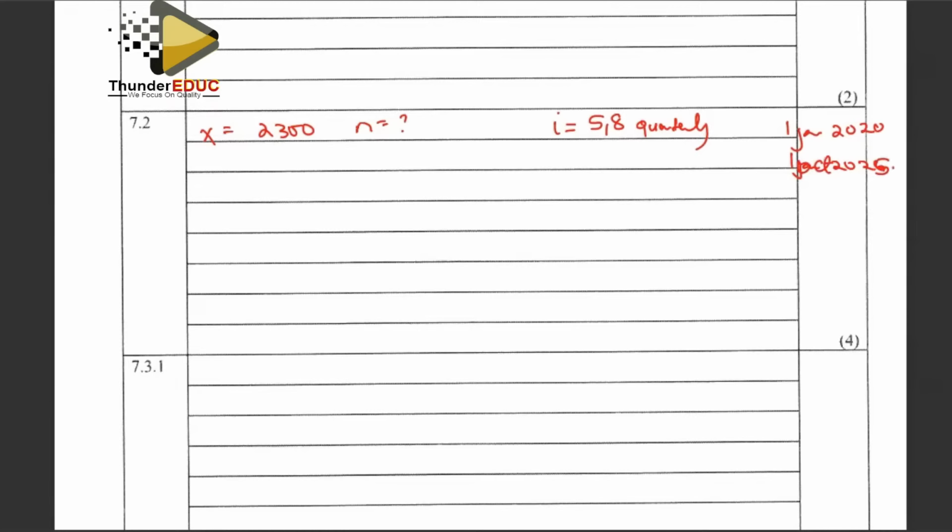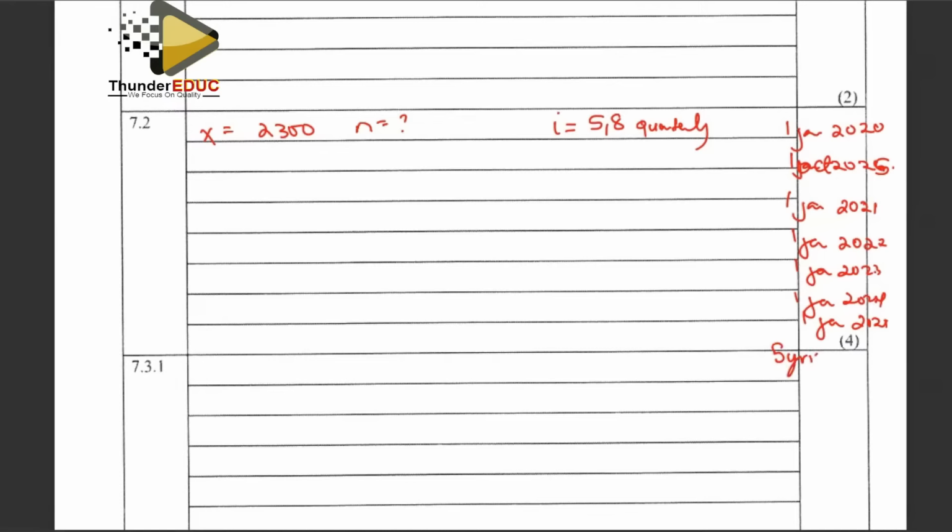Okay, so from 1st January, I know that 1st January 2021, 1st January 2022, 1st January 2023, 2024, 1st January 2025. So that's going to be 1, 2, 3, 4, 5 years.